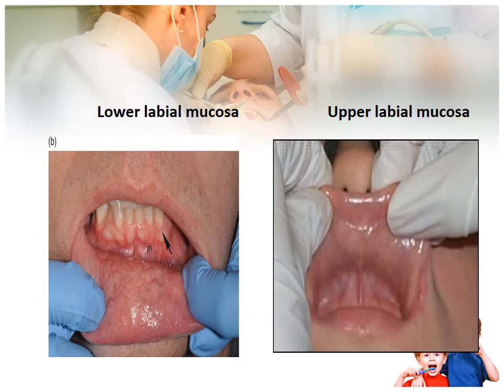Another area which is going to be examined is the labial mucosa.